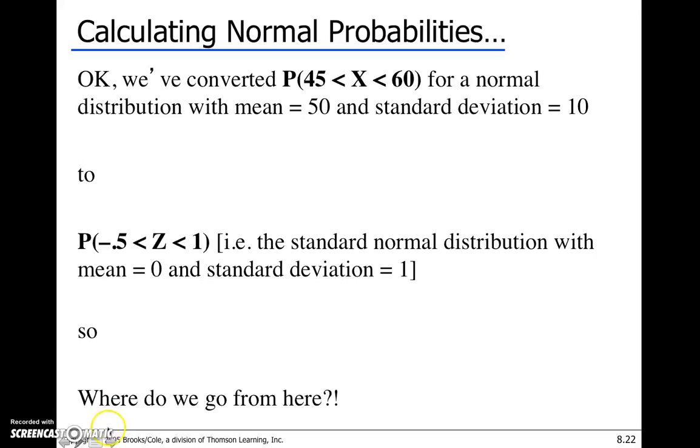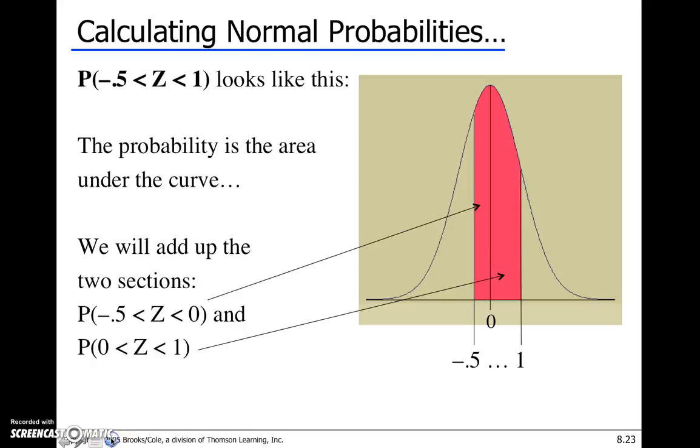So where do we go from here? Well, this is using the older texts, but the method is still the same. The probability z is greater than minus 0.5 and less than 1 looks like this. In this type of problem, it's always best to draw a diagram. The probability is the area under the curve.